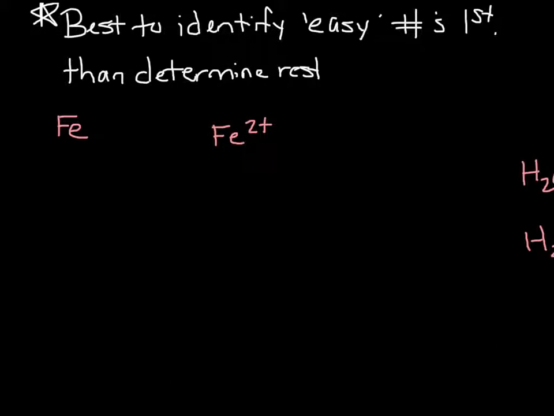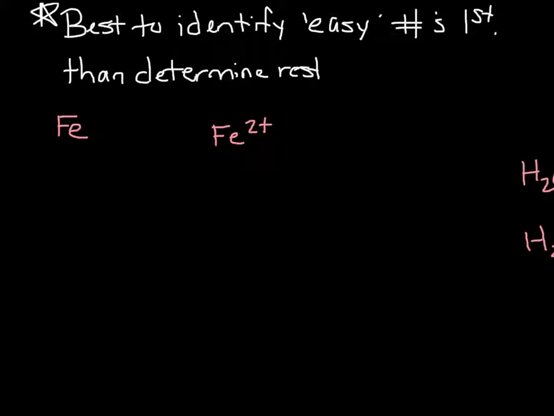So how do you actually run these steps then? Well, it's best to identify the easy oxidation numbers first, the ones that have a set number, and then go through and determine the others within the problem based on steps 3 and 4.